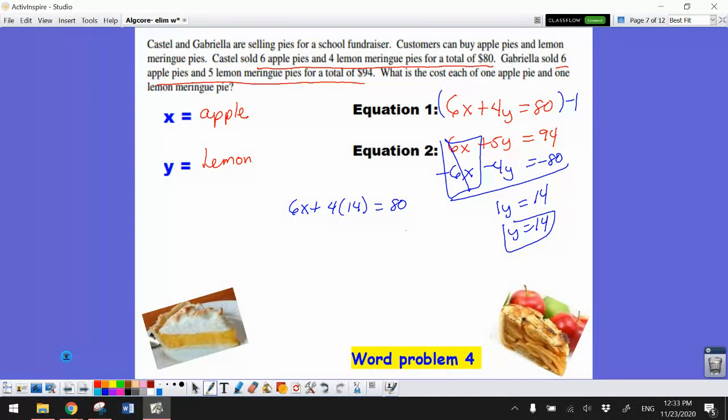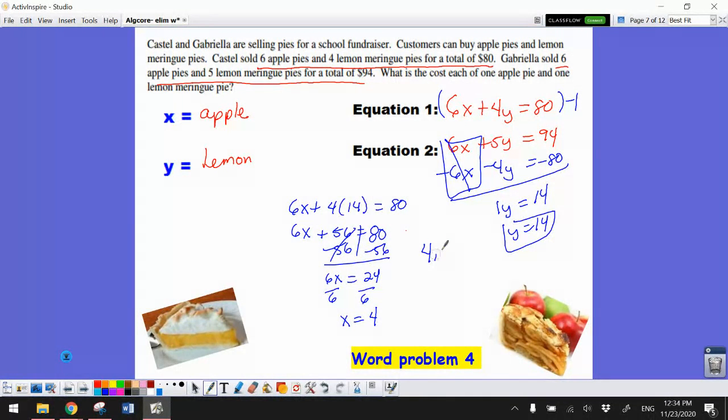Well, 4 times 14 is 56, so 6x plus 56 equals 80, and subtracting 56 gives me 6x equaling 24. Divide by 6, x is 4.